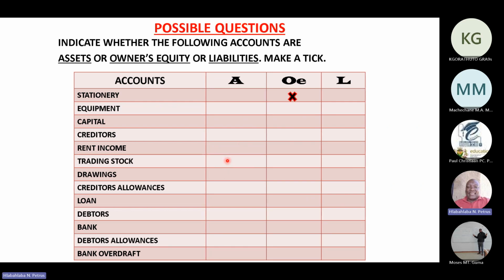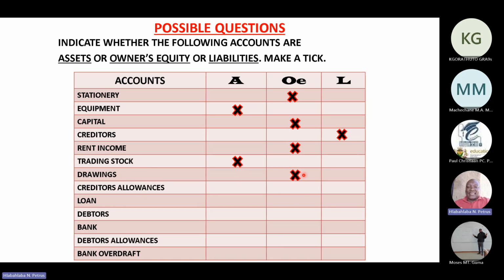Stationery. Stationery is an owner's equity. Equipment, it's an asset. Capital, it's an owner's equity, as I mentioned. Creditors form part of liability. Rent income is an owner's equity. Trading stock is an asset.